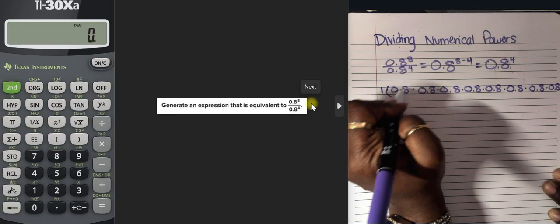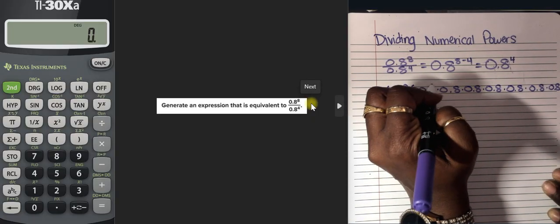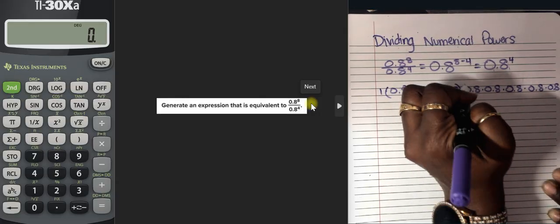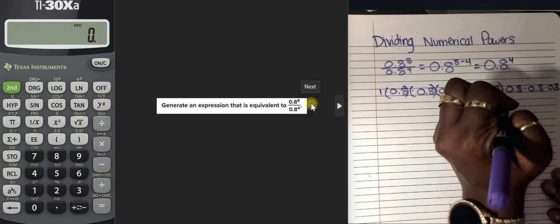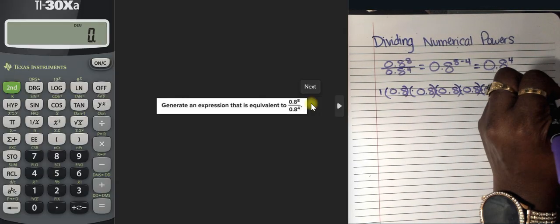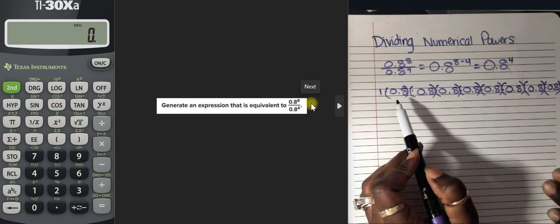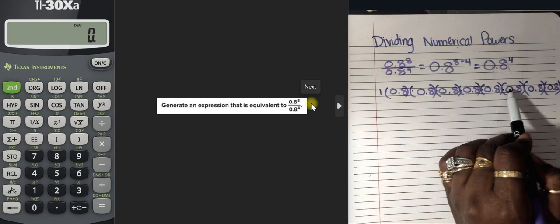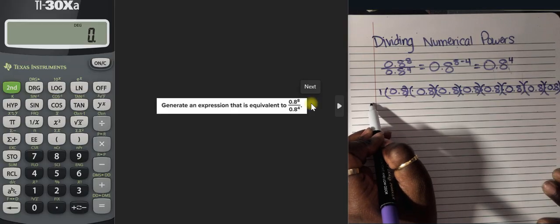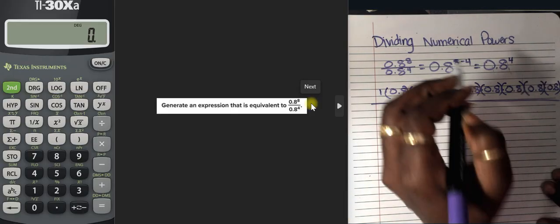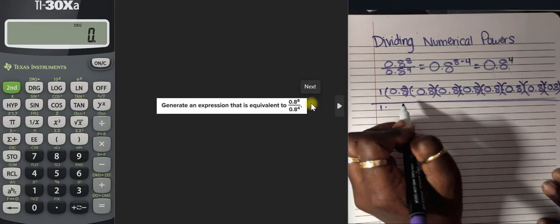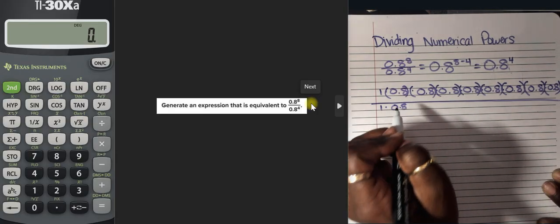We're multiplying 8/10 by itself 8 times. So we should see 8 of them: 1, 2, 3, 4, 5, 6, 7, 8. And we're going to divide by 1 times 0.8 four times.